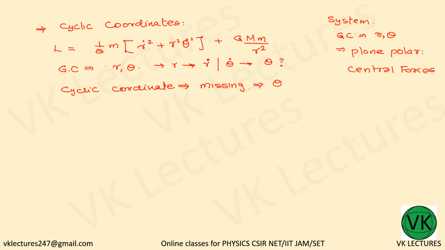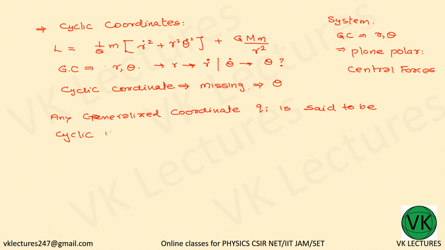Now, any generalized coordinate qi is said to be cyclic if the Lagrangian is independent of qi.